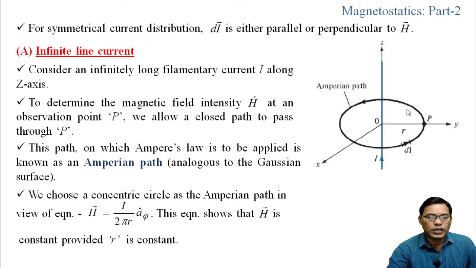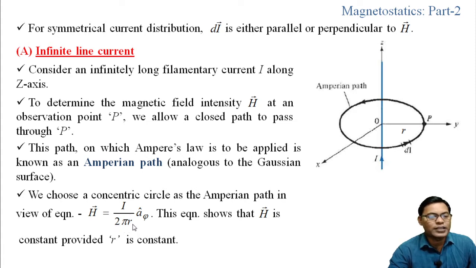because the Amperian path is intuitively drawn, since we have the idea that H equals I by 2 pi r a phi for the infinitely long current carrying conductor. So H will be constant if r is constant, because I is constant and 2 pi is constant.